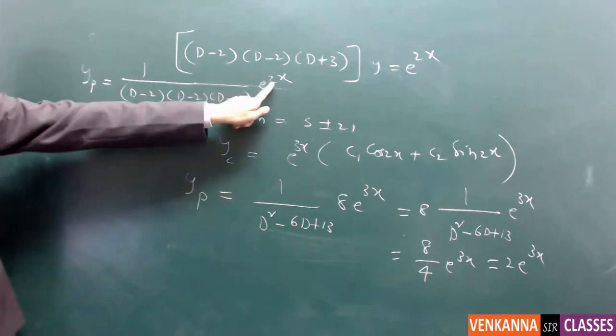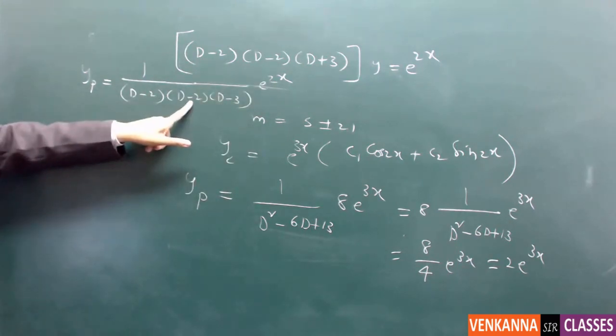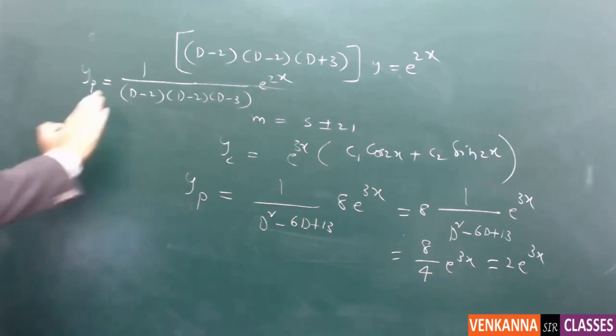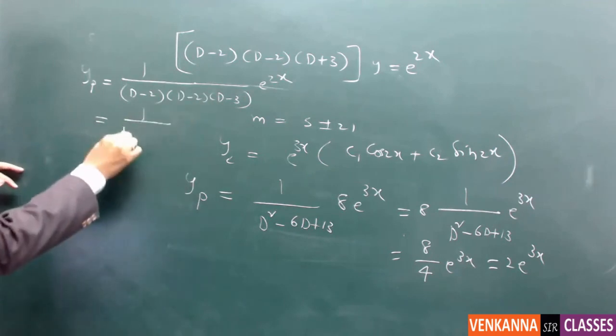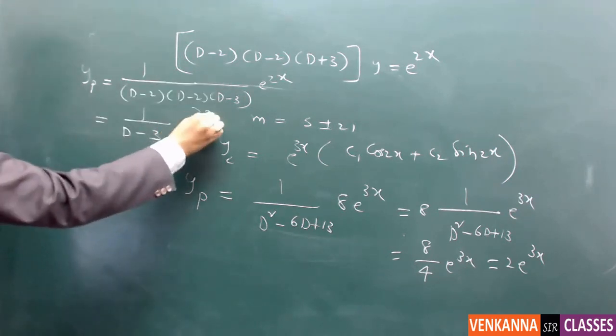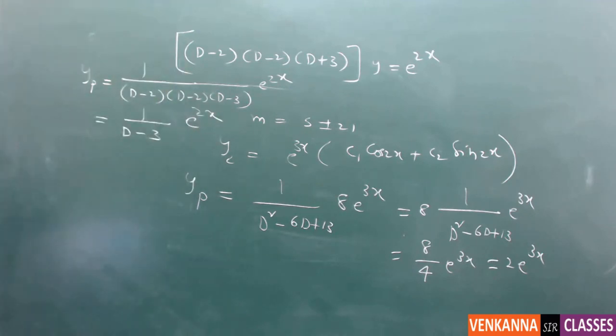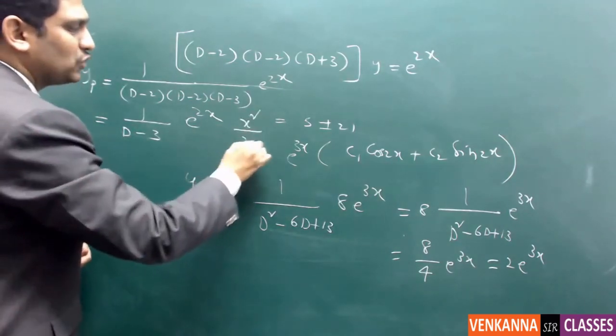So if you substitute 2, it becomes undefined. It also becomes undefined. So you remove the 2 factors here. Consider the other factor. E power 2x will be taken as it is. Now tell me how many factors you have removed? 2 factors. So you have to write here x square by 2 factorial.